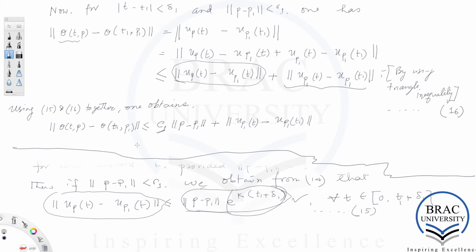This holds for the absolute value of t minus t1 less than delta 1 and the norm of p minus p1 less than r1, where this constant C1 is taken to be e to the k times t1 plus delta 1. Okay, so this is our equation number 17.